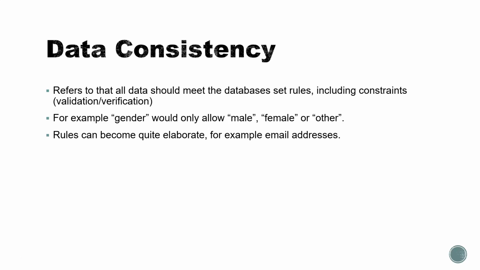And then you have the domain at the end. So you could have name@gmail.com. And so what your rule would be is: has it got the unique name? Has it got the @ sign? And then has it got the proper domain, for example gmail.com, hotmail.com, whatever? Does it have all of those components? And like I said, it can become quite complex.